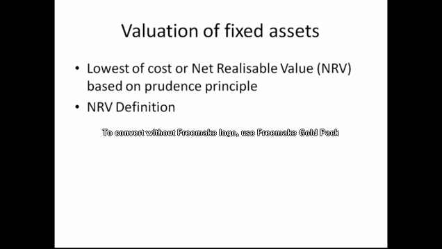So the costs that you incur to actually get rid of the asset, subtract that from the market price that you could obtain, and that will be indeed the net realizable value.